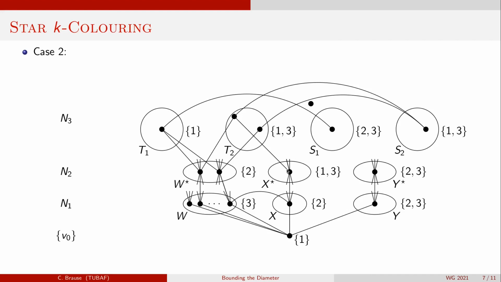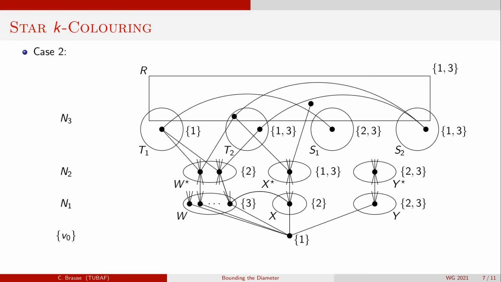And by this fact, we can show that each vertex which is in none of the sets S1, S2, T1 and T2 is adjacent to a vertex in X star, which has a neighbor in X, that now has a neighbor in W. And as there are some further vertices, which also might be in one of the 4 old sets, we let R denote the set of all vertices which have the latter property.